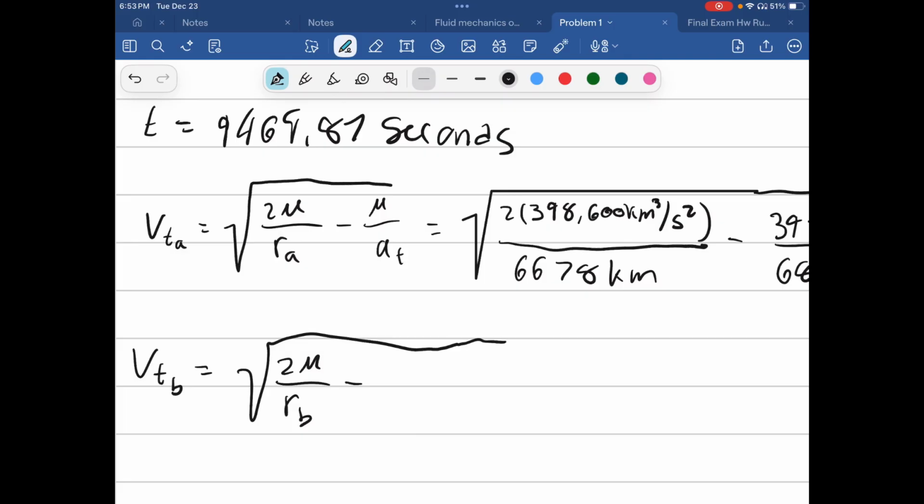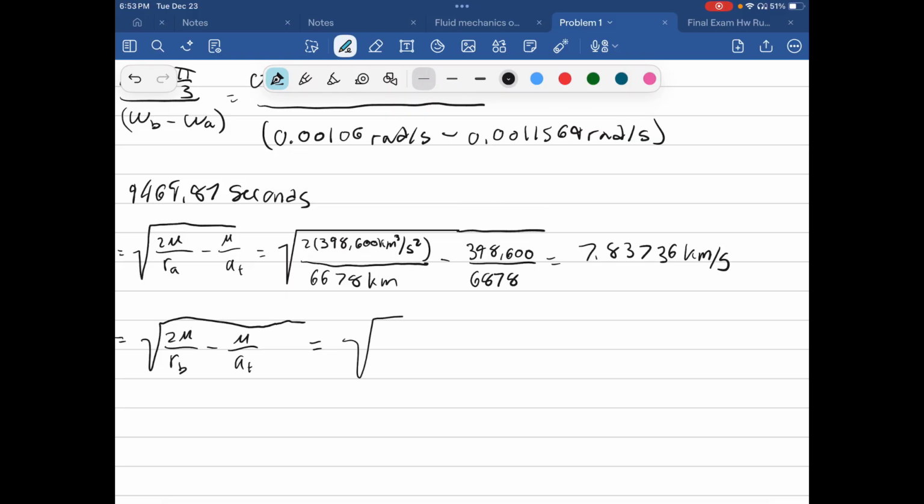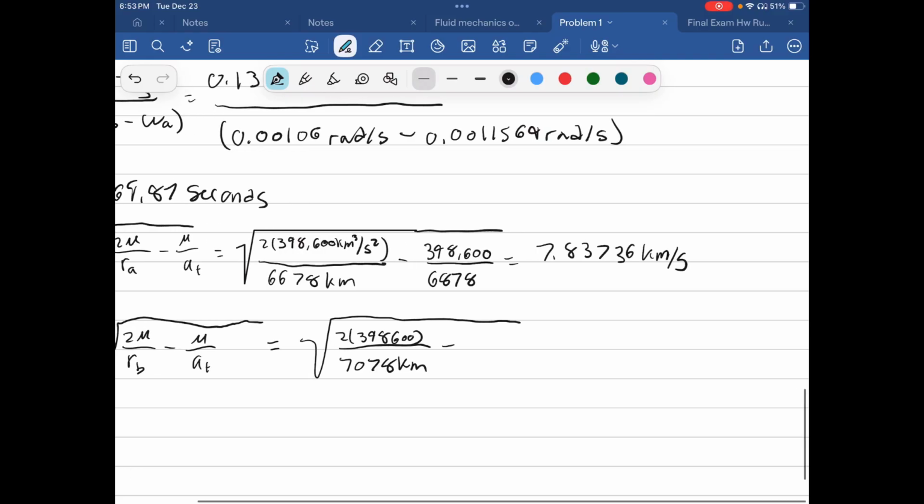We're using R_B over A_T. So we have 2 times 398,600 over R_B, which is 7,078 kilometers, minus 398,600 over our semi-major axis A, right?